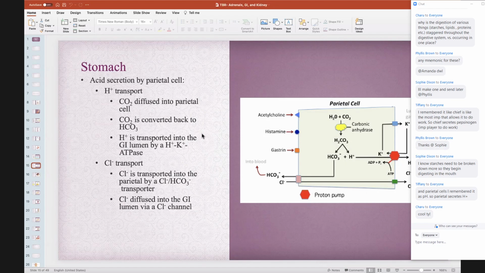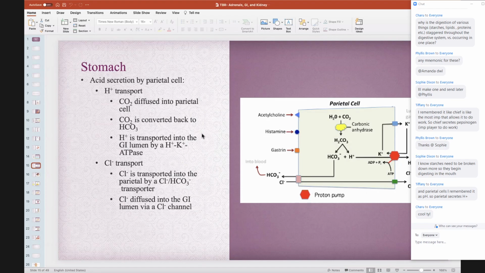We take free floating chloride that's in the blood, and then we break down the water and carbon dioxide to create free protons, and we pump the free protons and shuttle the chloride from the blood, because we do have chloride in the blood. It follows the sodium, right? Sodium chloride. In the parietal cells, they have a specific enzyme called carbonic anhydrase that can produce those free protons that we can shuttle into the gastric pit.